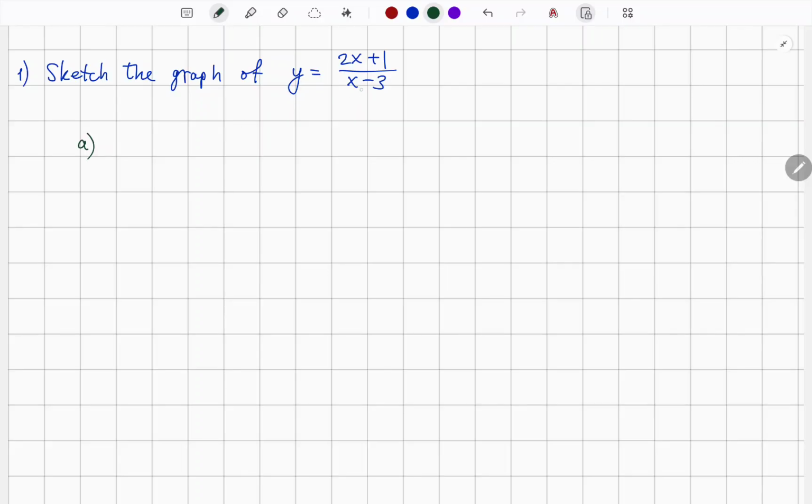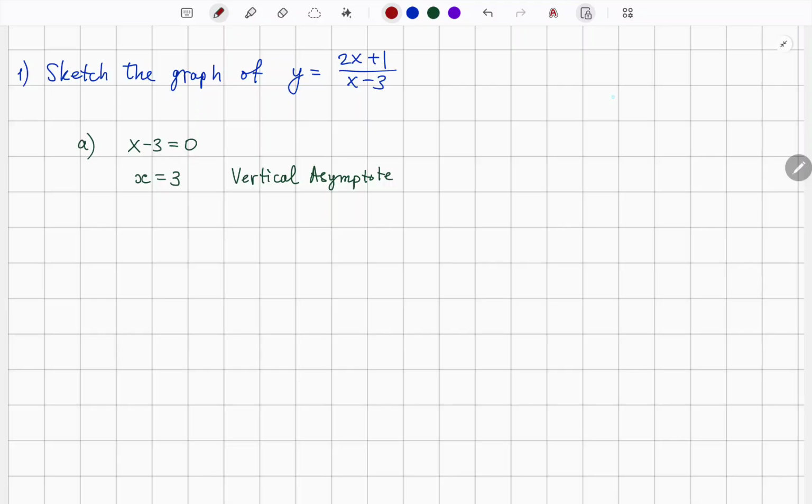First question is, when will the denominator be equal to 0? X minus 3 is the denominator, so we make it equal 0. X minus 3 is equal to 0. It automatically means x is equal to 3. This is going to be our vertical asymptote.